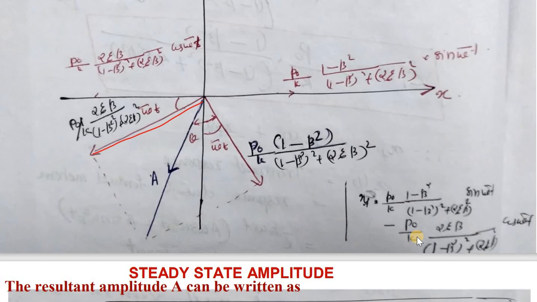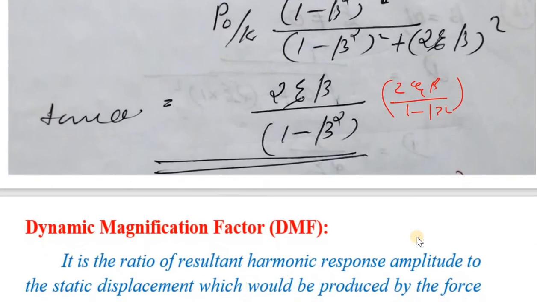Phase means the angle it is making with one of the vertices. Here I am taking this as the vertex. So tan theta is this term divided by this term, opposite by adjacent. Same simple equations only.